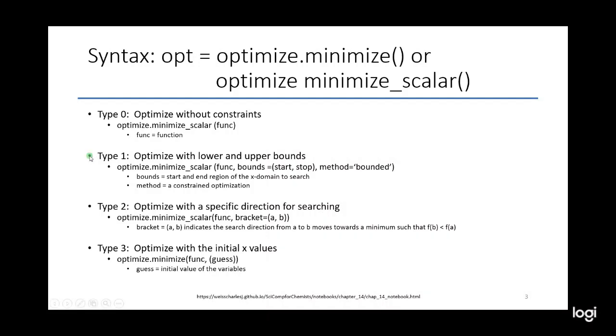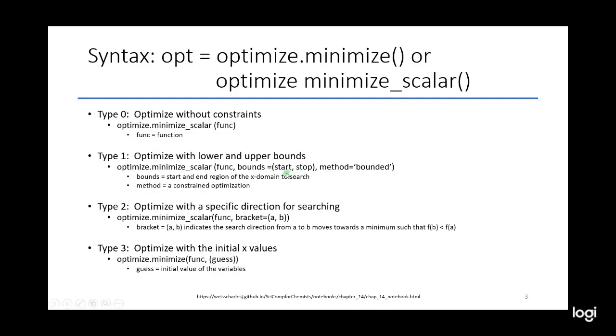When minimizing an objective function with a single independent variable and known lower and upper bounds, we can modify the optimize.minimize_scalar function by adding two arguments, bounds and method.